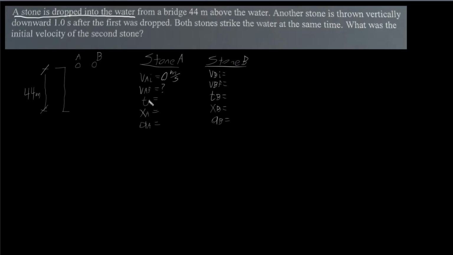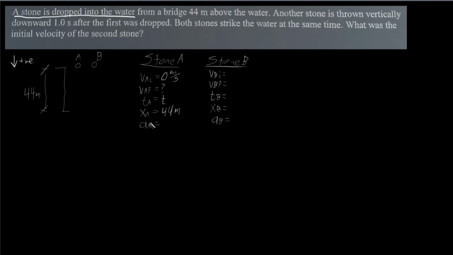So time A, how long does it take stone A to reach the bottom? That we don't know, so let's just leave that as t right now. We could leave that as a variable. Okay, how about the distance that stone A travels? Well, stone A goes 44 meters downwards, so we could say that that is 44 meters. And we could keep this positive because we can assume that downwards is positive, just to keep things simple.